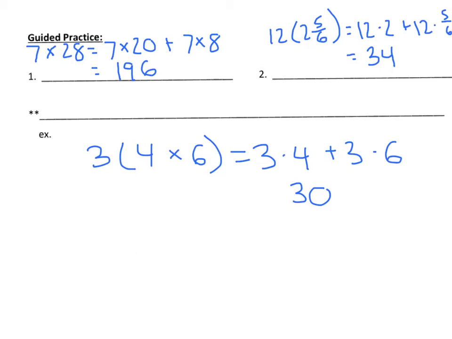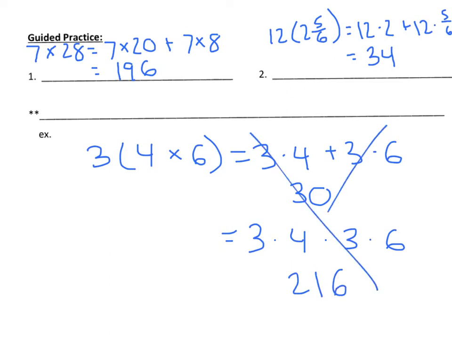Or people might try to do this. They might think that I can rewrite this as 3 times 4 times 3 times 6, which equals 12 times 18, and 12 times 18 is 216. Both of these are incorrect. They are wrong.